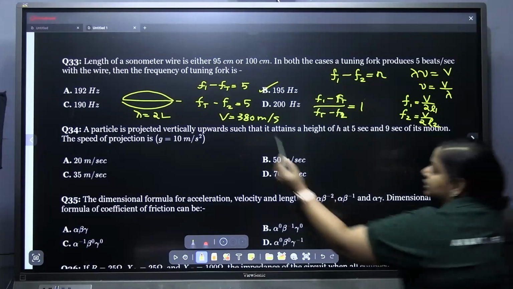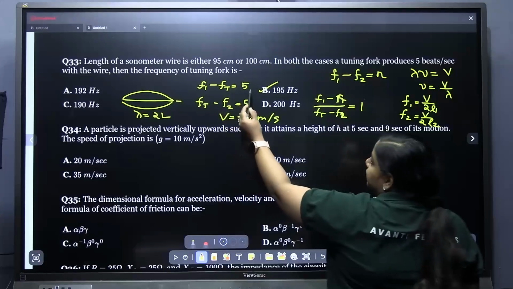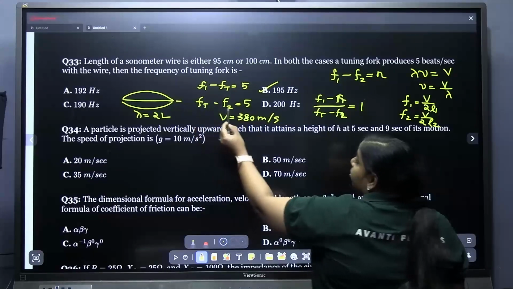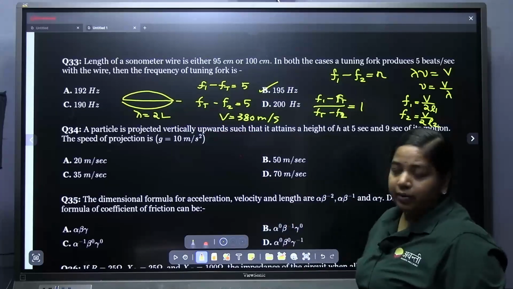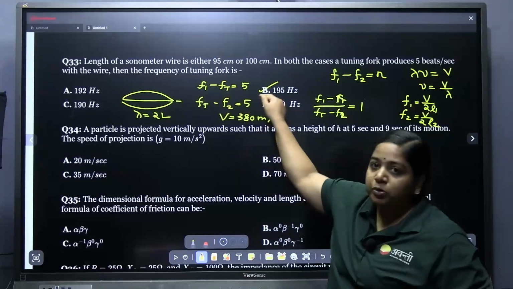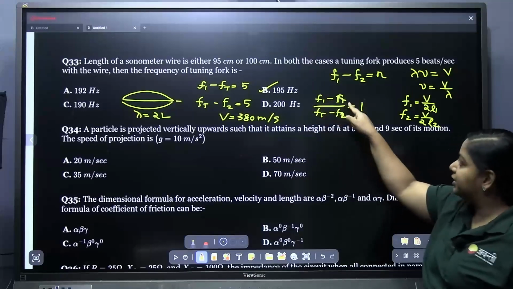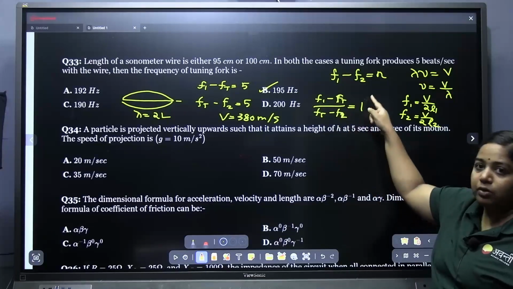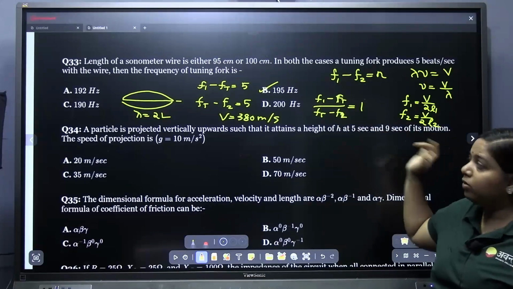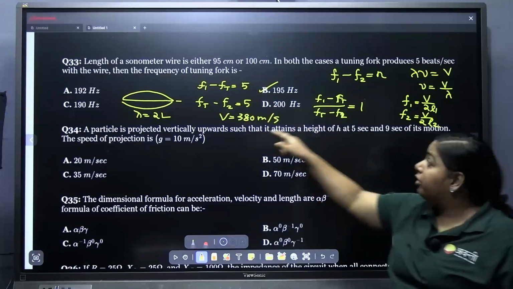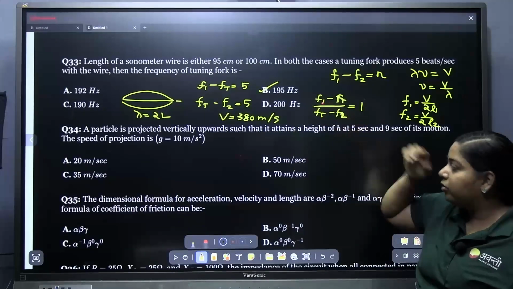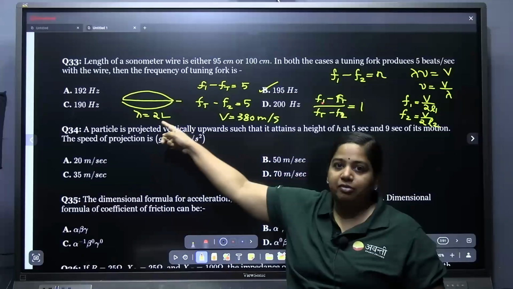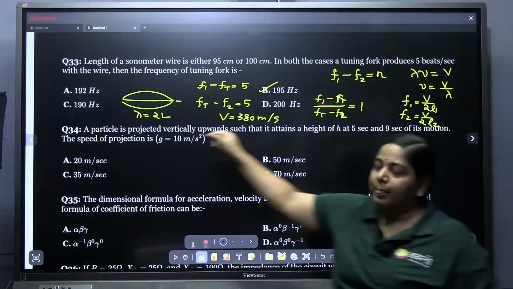So F1 minus tuning fork frequency equals 5, tuning fork minus F2 equals 5. When you divide these two equations, you will get (F1 minus Ft) by (Ft minus F2) equal to 1.